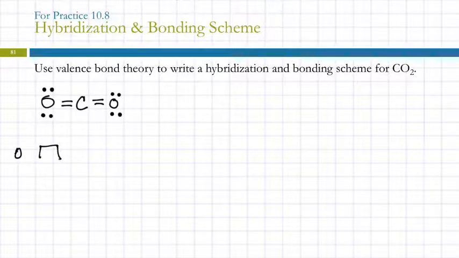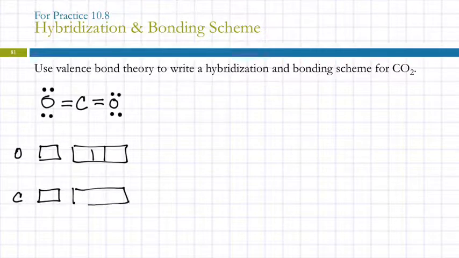So for oxygen and for carbon, oxygen has how many valence electrons? 6. 1, 2, 3, 4, 5, 6. You see those 2 half-filled orbitals? Oxygen likes to form 2 bonds. It uses both of those. Carbon, 1, 2, 3, 4.